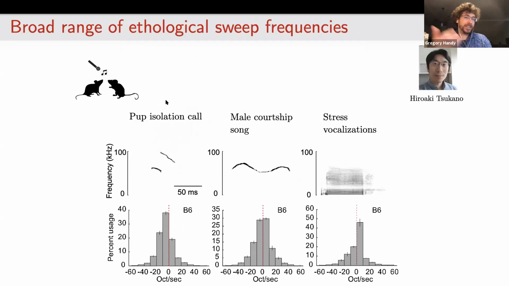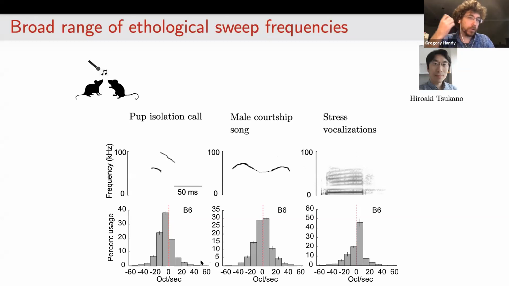Now if we collect this data by different types, whether it's just a short sound, a longer courtship sound, or these long stress sounds, and we see what kind of frequency sweeps, how fast are they, are they in the upward or downward directions, we see distributions that look normal in nature, almost centered at zero, and they span a wide range of sweep speeds, both in the upward and downward direction.